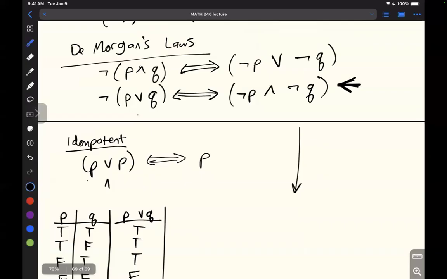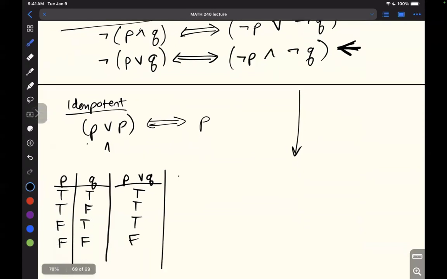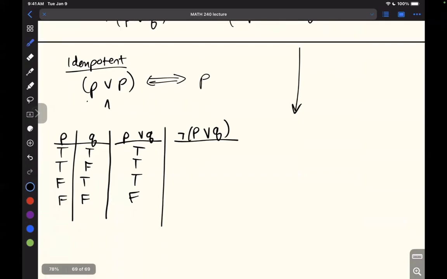And so we've got the inside part of that. And then if we negate it, so then not P or Q is just this column flipped. So false, false, false, true.